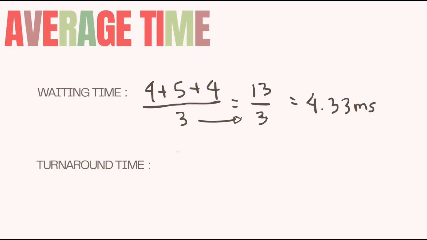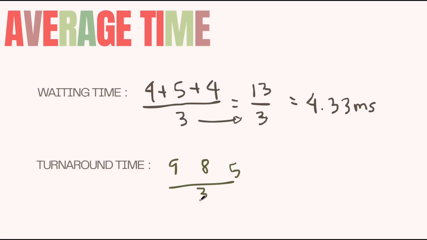It's the same for the turnaround time. We add the turnaround times of all processes and divide by the number of processes. The turnaround times are 9, 8, and 5.